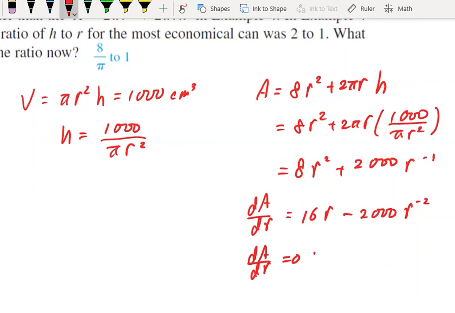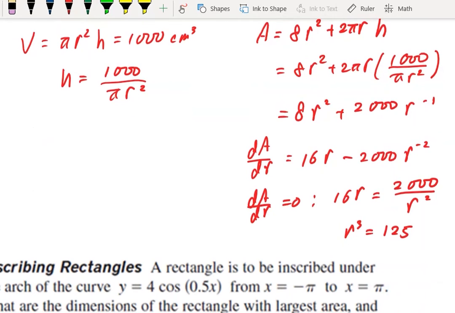That means, can I at least do this, like divide by 16? And then r cubed is equal to 125 if you divide by 16. Therefore, r is equal to 5, right?